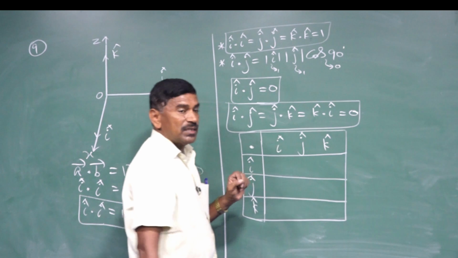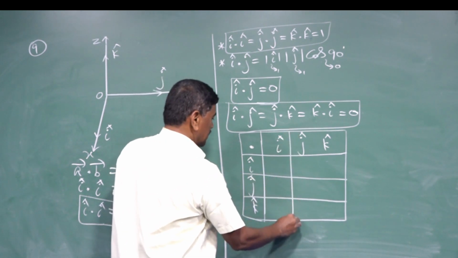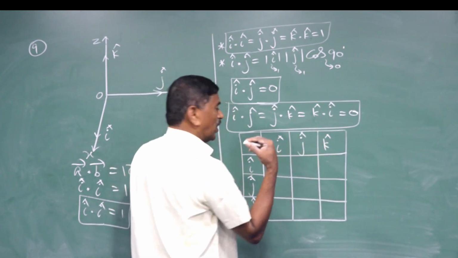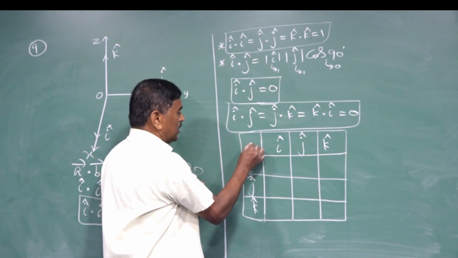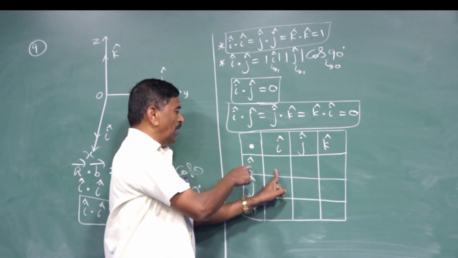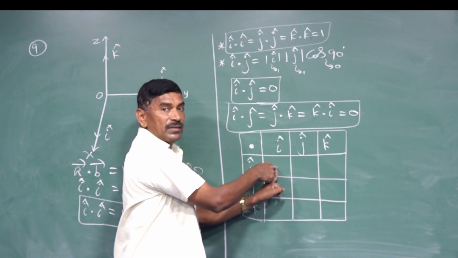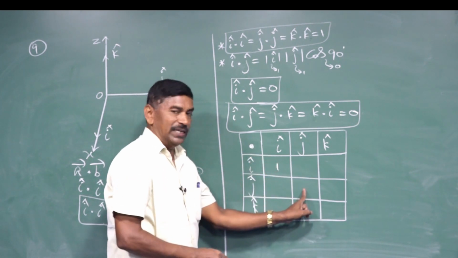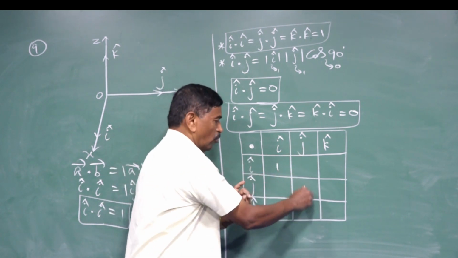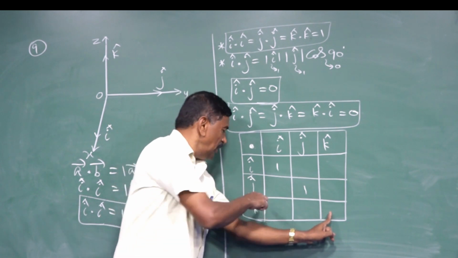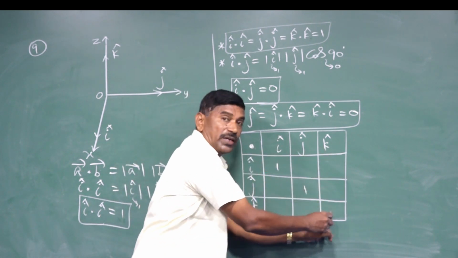Then draw the vertical lines. Fill the table. Start here. The product is dot product. Now here i cap dot i cap equal to, very good, 1. Similarly, here j cap dot j cap is equal to 1. Come to here, k cap dot k cap equal to 1.